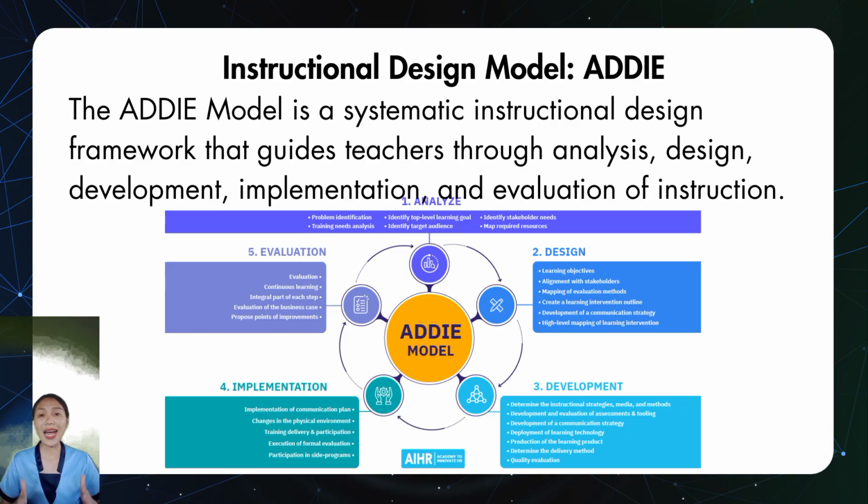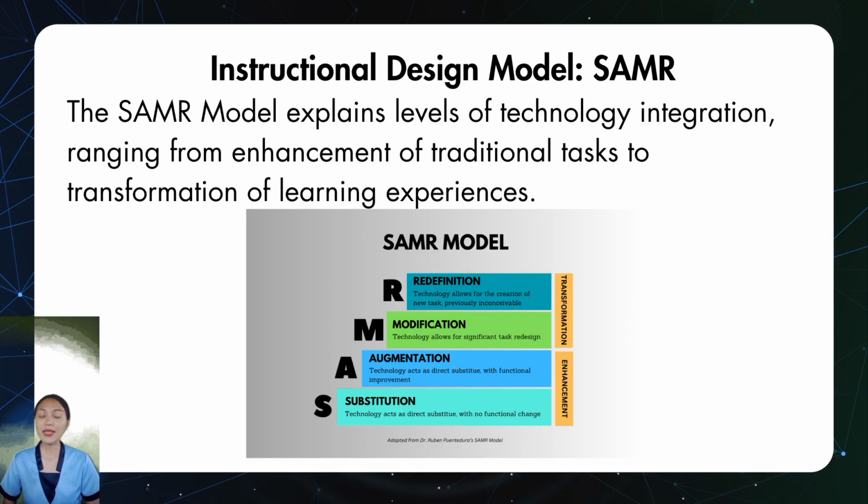So, the ADDIE model emphasizes careful planning and continuous improvement. The second model is the SAMR model. The SAMR model explains levels of technology integration: substitution, augmentation, modification, and redefinition.